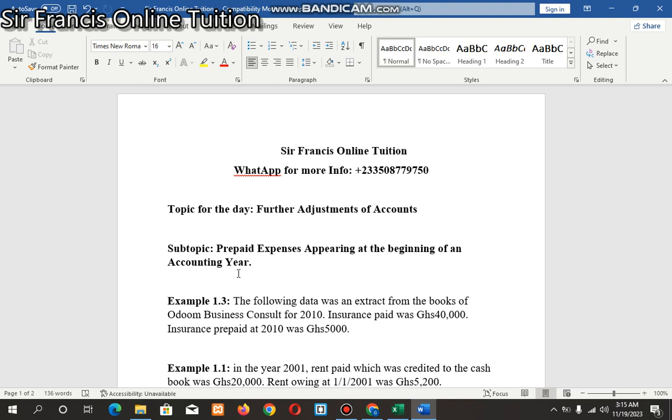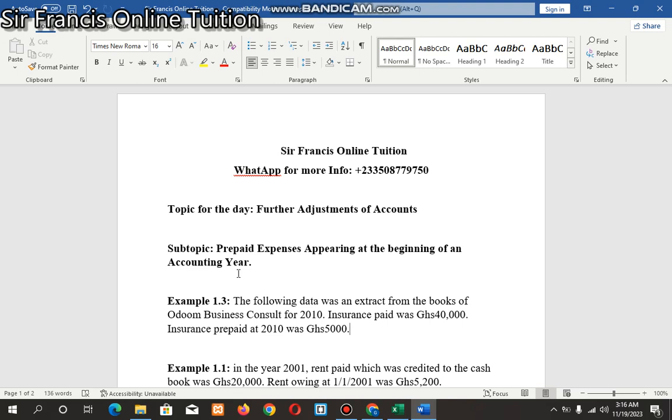It means that the extra 5,000 relates to an expense whose benefits we are yet to consume, but we have made payment for it. That extra 5,000 is an expense being prepaid or paid in advance.